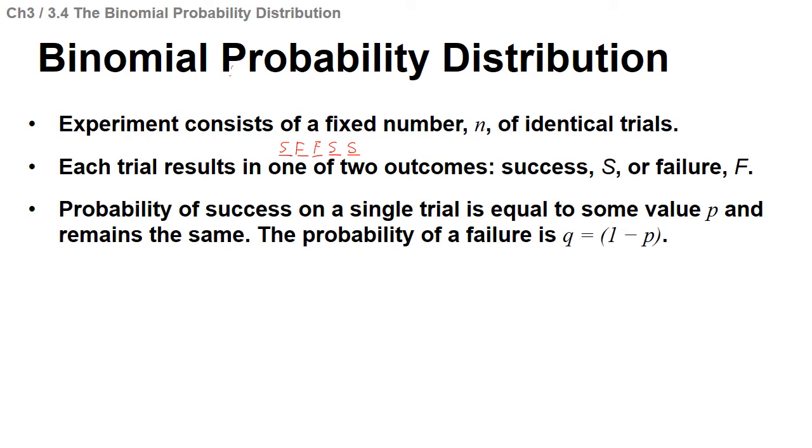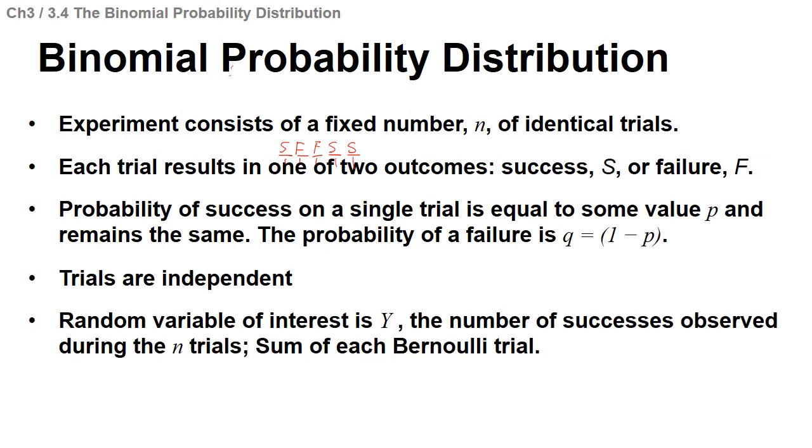Thus, the probability of a failure is 1 minus p. So, success with probability p and failure with probability 1 minus p. And the trials are independent. Each of these trials is independent.